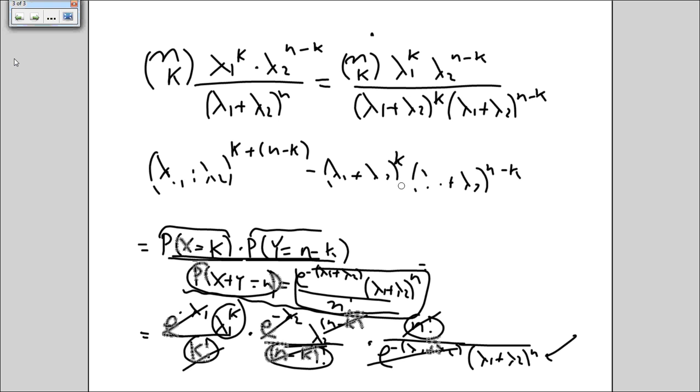Just remember, when you divide two quantities that are raised to the same power, you can do the division first and then raise to the power.